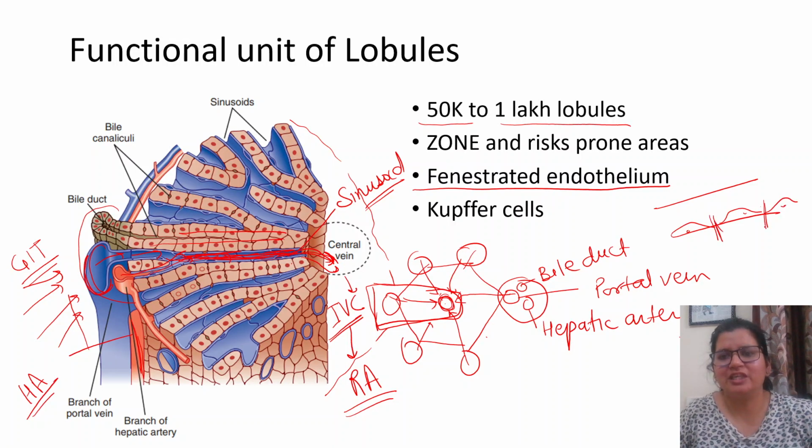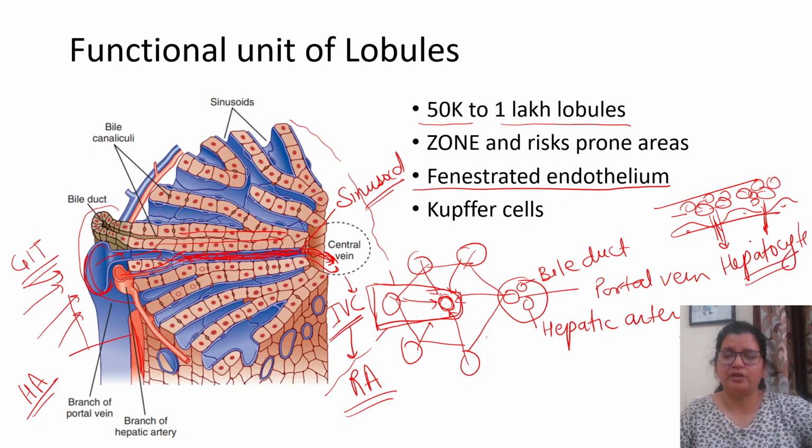So this is kind of a leaky membrane, because large molecules, protein-bound molecules, various nutrients, bile acids, the bile salts, can cross this endothelium and enter the hepatocytes. That's why the fenestrated endothelium is very important in sinusoids.